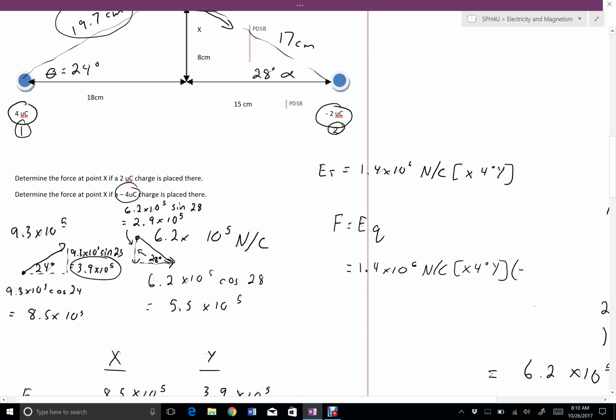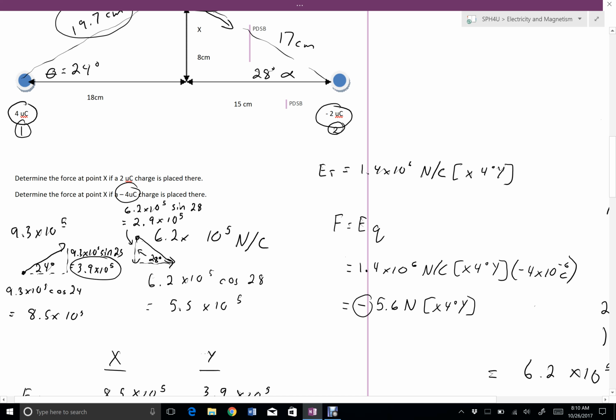So negative 4 times 10 to the negative 6 coulombs. Well, you'll see the negative sign multiplies by the positive sign over here, and I get negative 1.4. Oh, not 1.4, sorry, 5.6 newtons, x, 4 degrees, y.